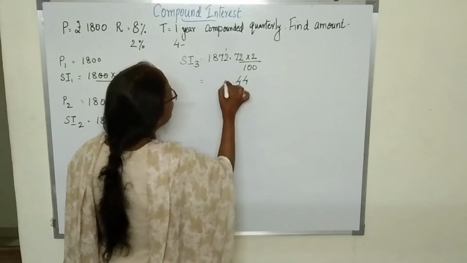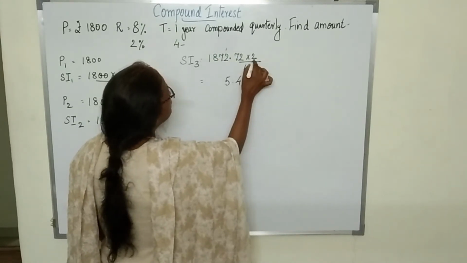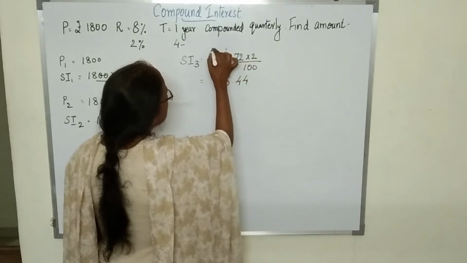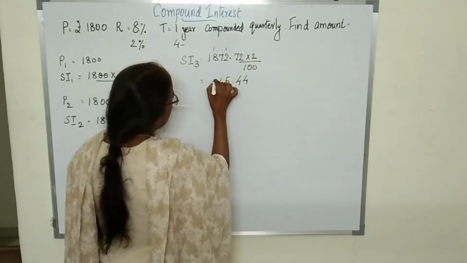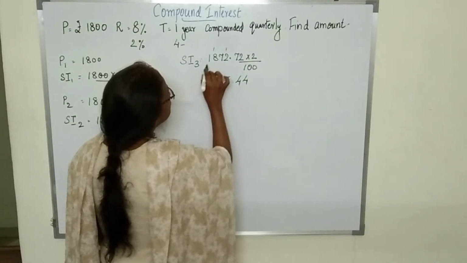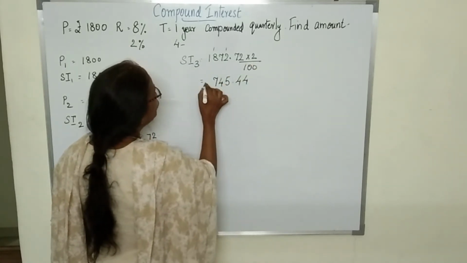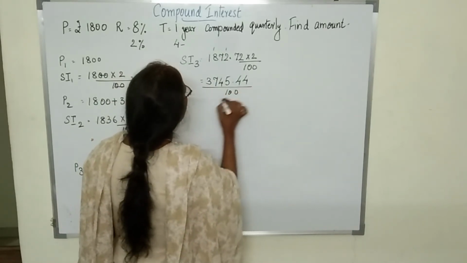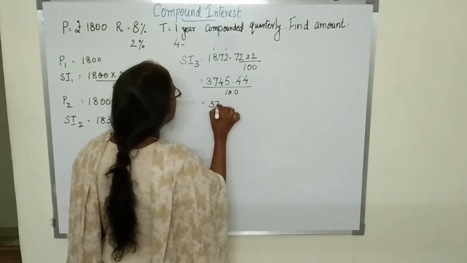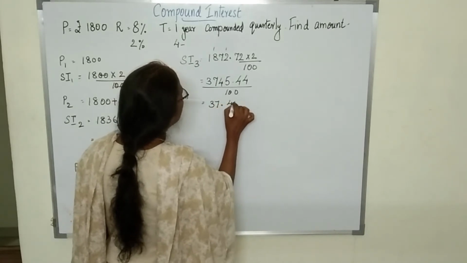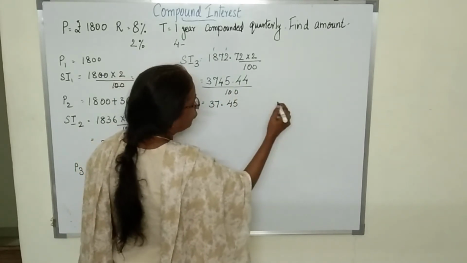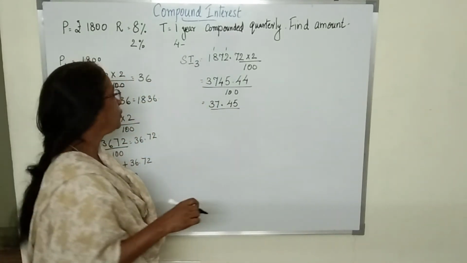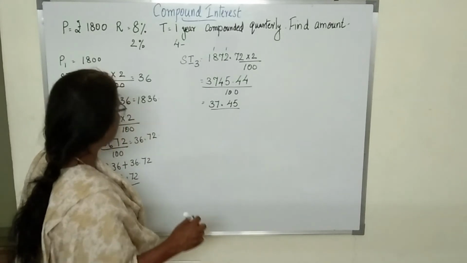So 2 2s are 4 plus 1 5, 2 7s are 14, 2 8s are 16, plus 1 17, 2 1s are 2, plus 1 3 upon 100, that is 37.4544. So if it is rupees, we can stop after 2 digits. So this is simple interest 3.